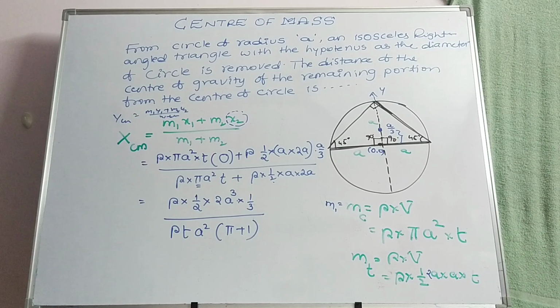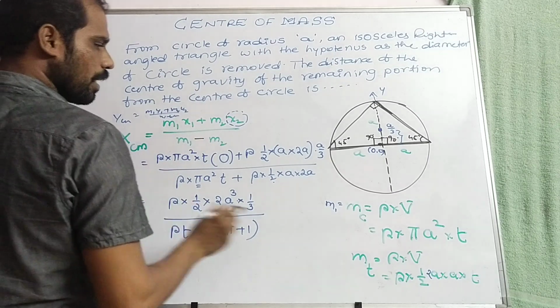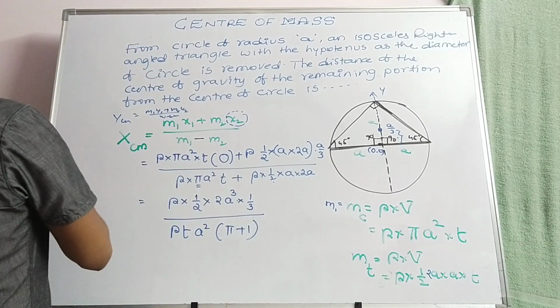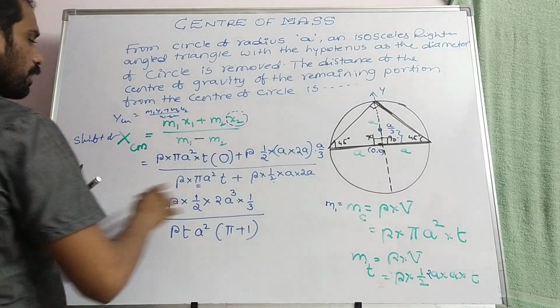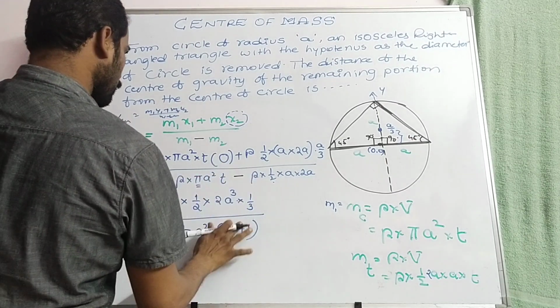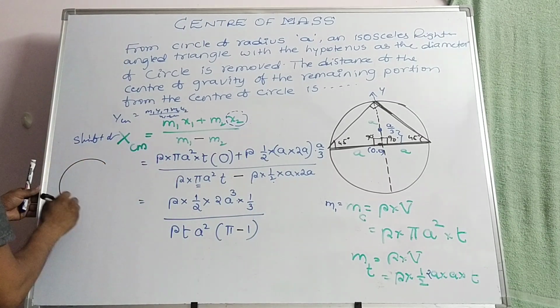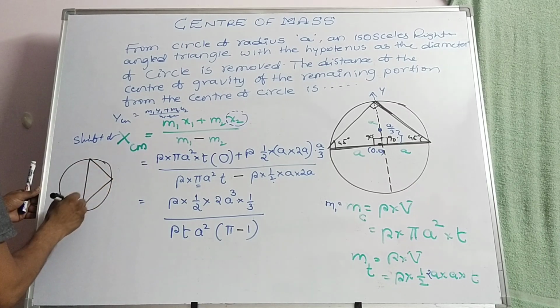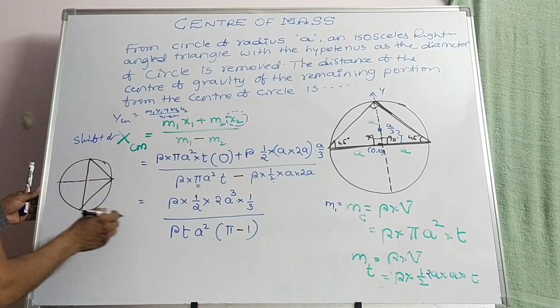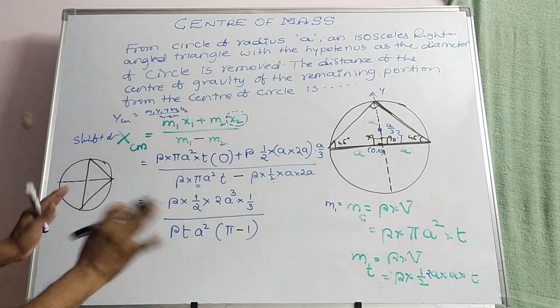But here we have to find the shift, that's why we have to take it as a negative sign. As a shift of xcm, of course, we write the negative sign, hence it will be minus. For this explanation the diagram will look like this. Then we can derive xcm. For this diagram we have to find ycm. No doubt, no problem.